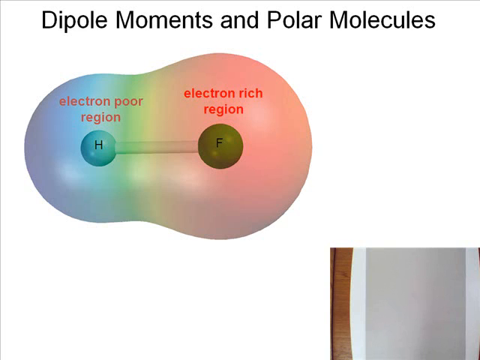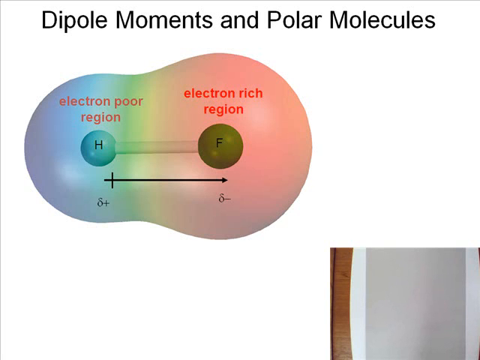And because of that, that's a more electron or negatively rich region, and the region around the hydrogen is poor. That actually creates a slight charge around the two, with fluorine having a greater negative charge and the hydrogen having a greater positive charge because there are less electrons there.